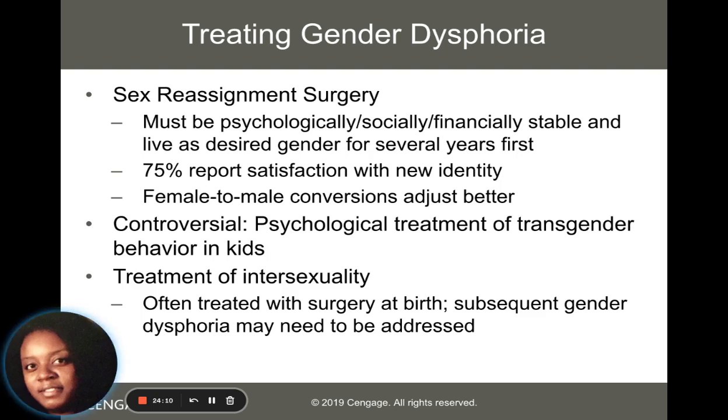This is a very controversial treatment, especially when it comes to transgender behavior in children. There have been a number of children who have undergone surgery and not been okay with it in the long term.